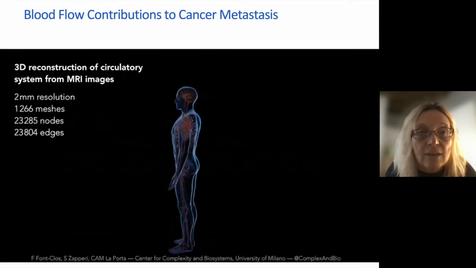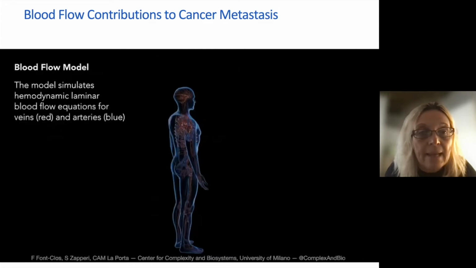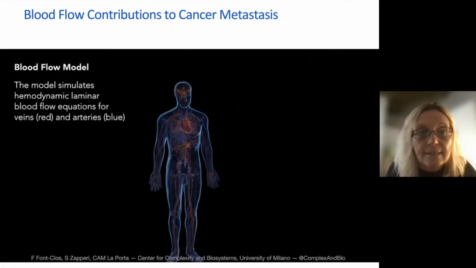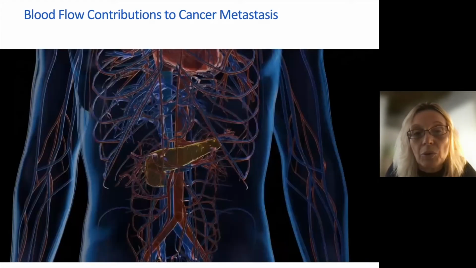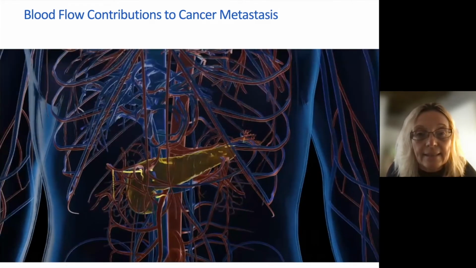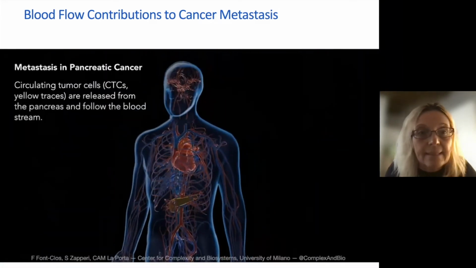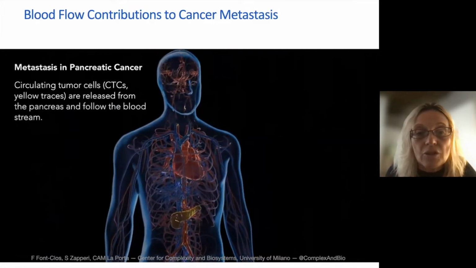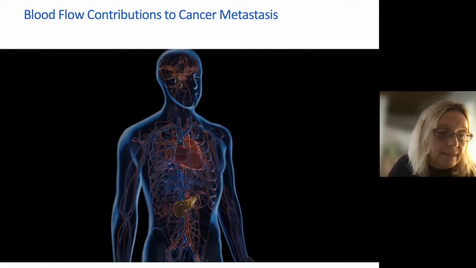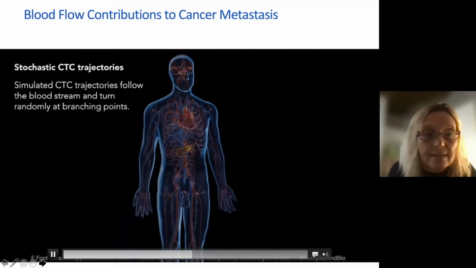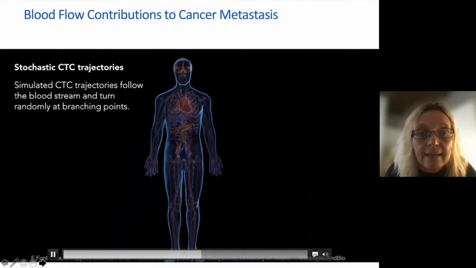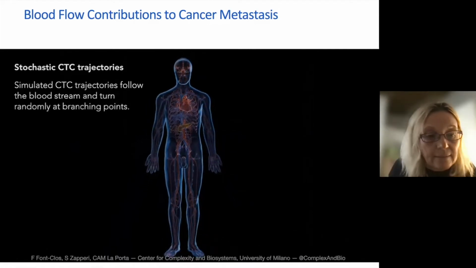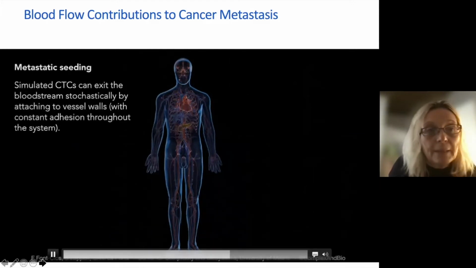Here you see the reconstruction of the circulatory system, the blood flow models that simulate the hemodynamics, the laminar flow, and then you see the cells at the start, these are metastatic pancreatic cells, and then we see which metastatic sites were reached, and we did all the analysis. These are the trajectories, and all these humanoids are perfectly simulating what happens in the human.